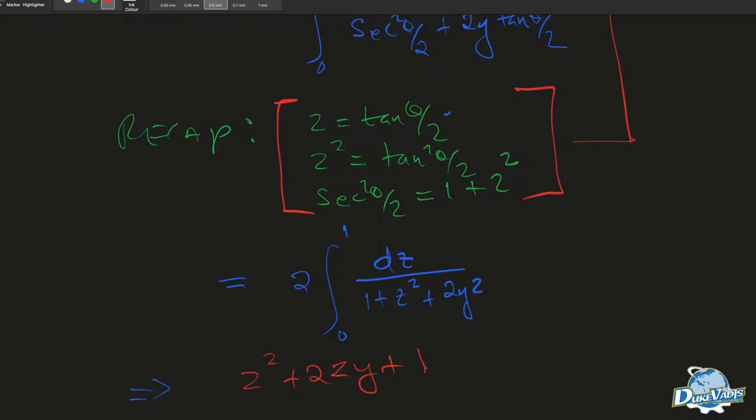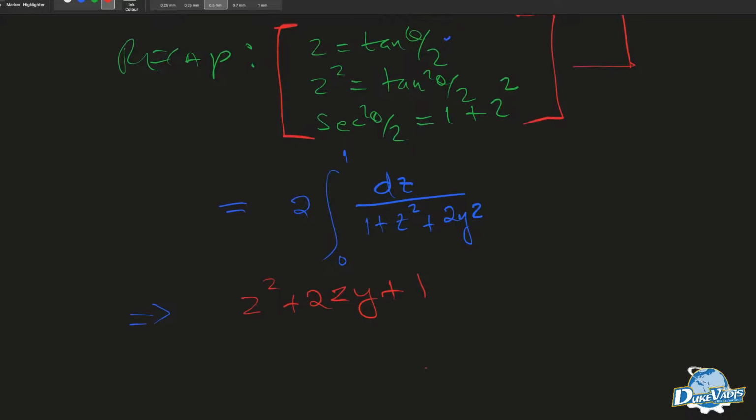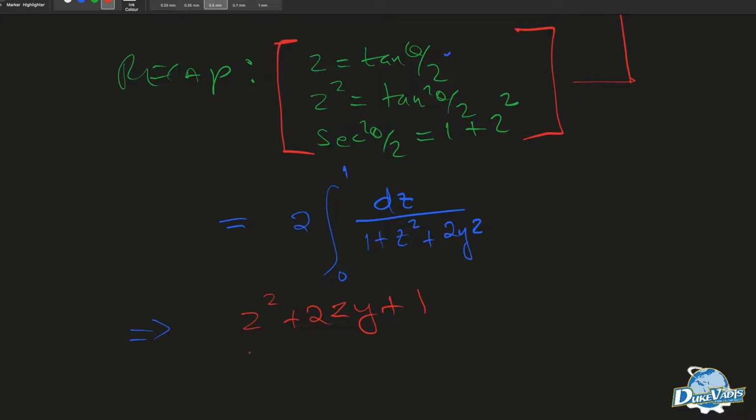But we have to do something so that we'll be able to integrate this, because I can see that it's approaching something like a tan inverse function. So we can say that z squared plus 2zy plus y squared minus y squared plus 1, where y squared minus y squared is 0.